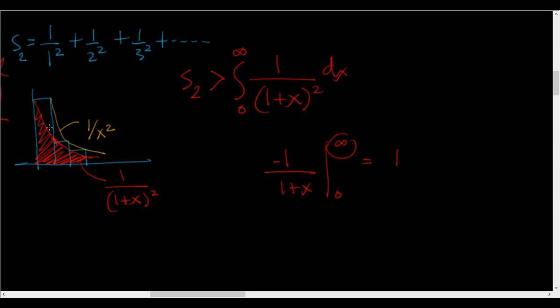However, S2 is also less than this plus that area, and that area we have just found, that is 1 there, and this is 1 also, and so S2 is between 1 and 2.